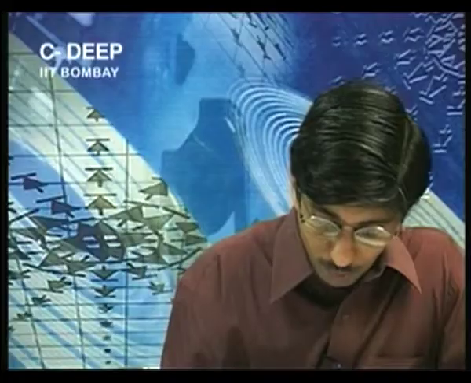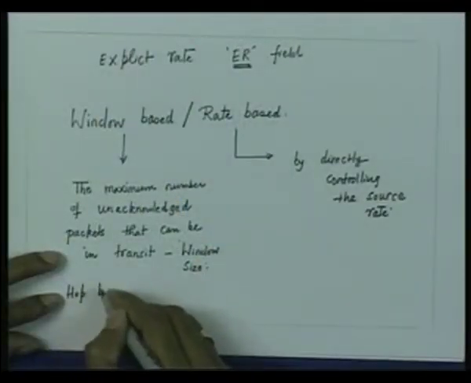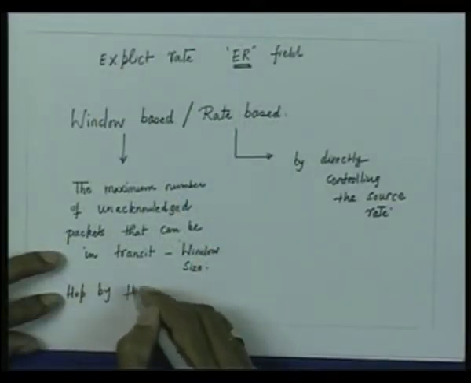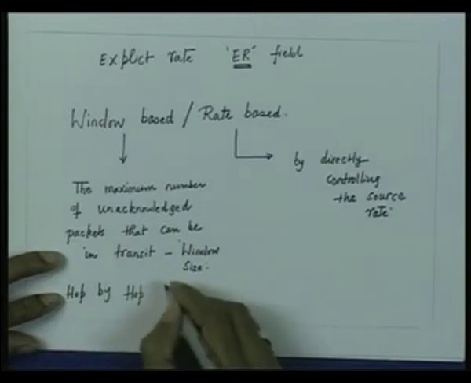The intermediate nodes do not participate in the congestion control of a particular traffic flow that exists between a particular source and a particular destination. So, the congestion control mechanism can be hop by hop, or it can be end to end.